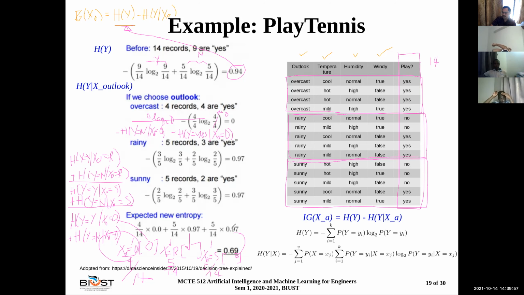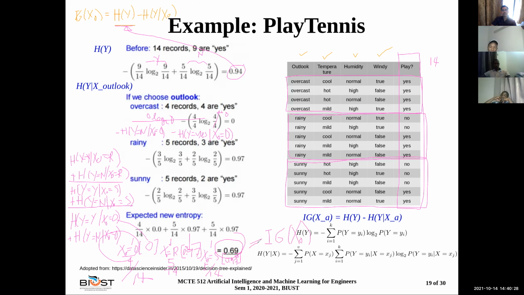Okay, and then the inside are all these multiplied by 0, multiplied by 0.97, and multiplied by 0.97. And the result is 0.69 for all the information gain for the attribute outlook.